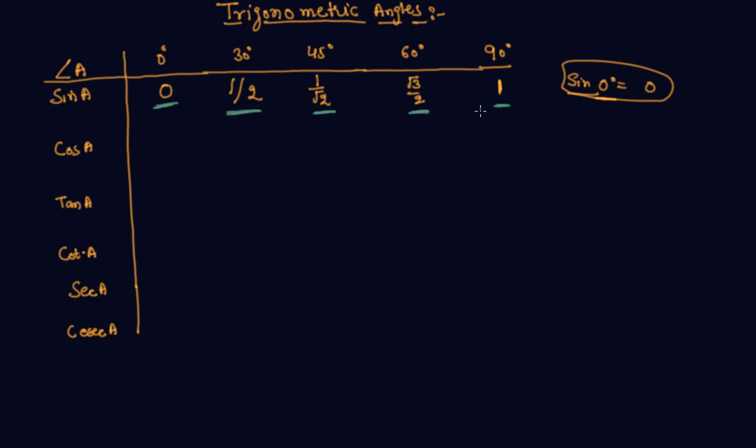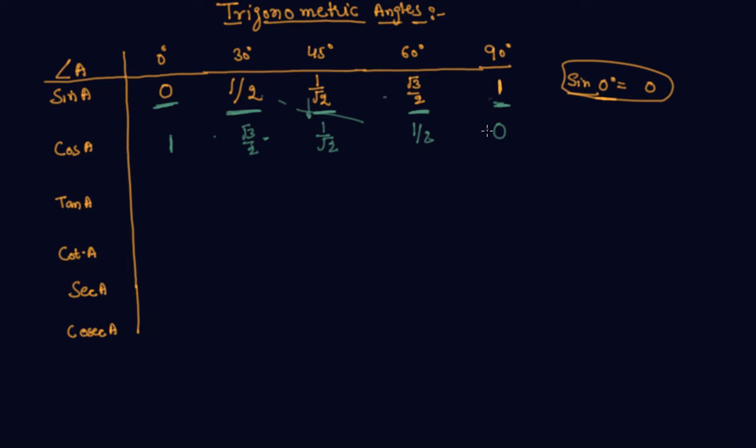To write the table in your books easily, I'll just reverse all the values of sine that I have written. So cos 0 will be 1, which I had written at 90, and cos 30 degree will be root 3 by 2. This will remain the same for sine 45 and cos 45. Cos 60 will be half. So this value comes here, this value goes here, this comes here, and here comes the 0.